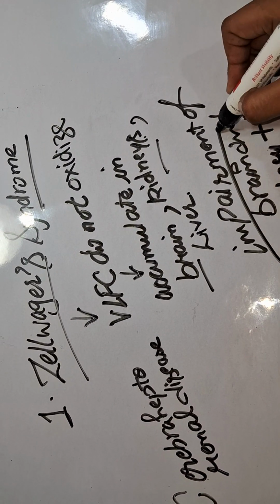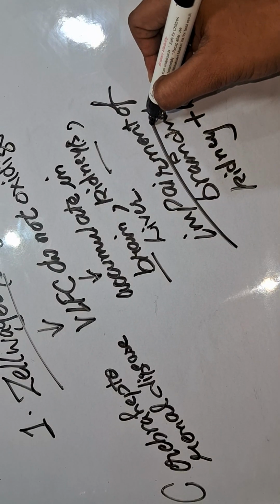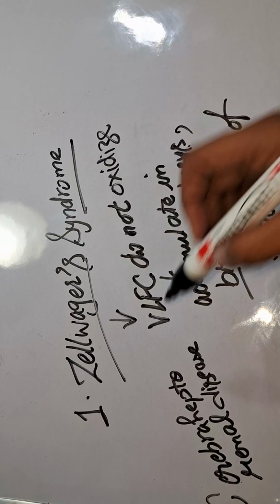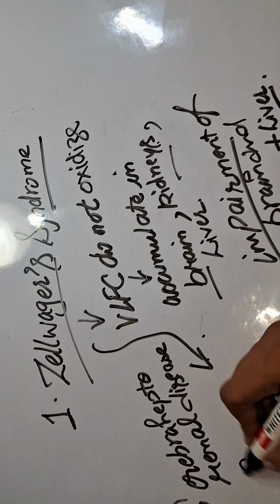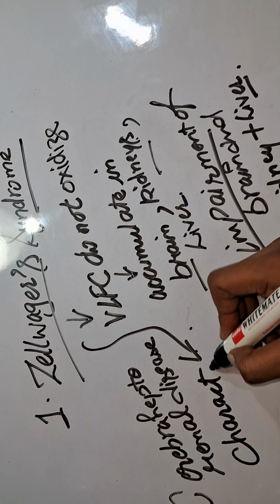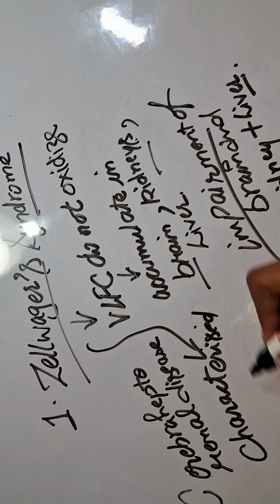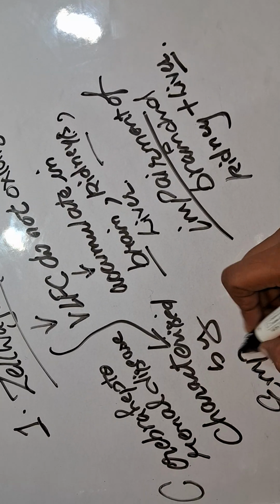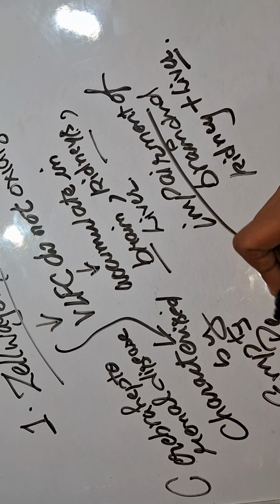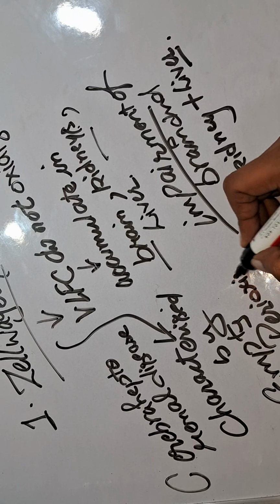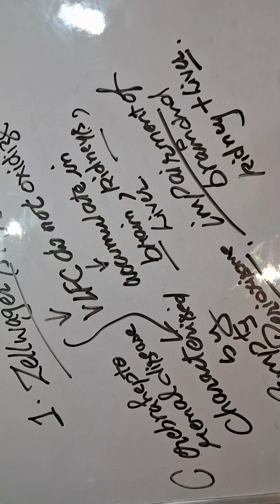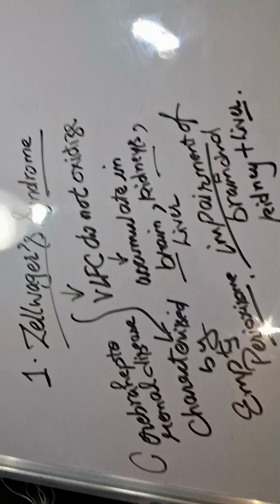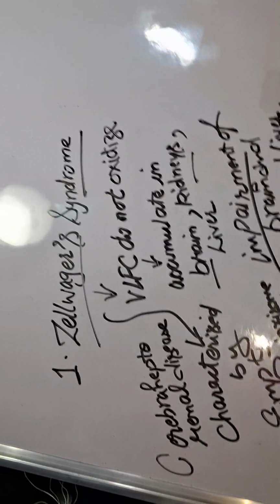As a result, impairment of brain, kidney and liver will take place. Okay, and it's characterized by empty peroxisomes. I hope it will be clear to you.